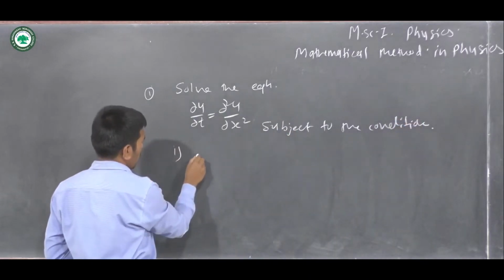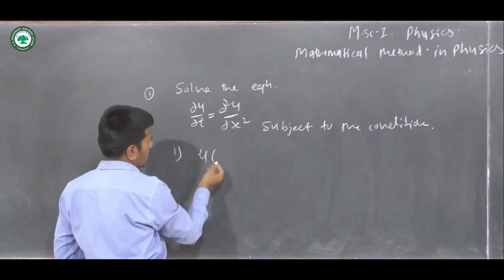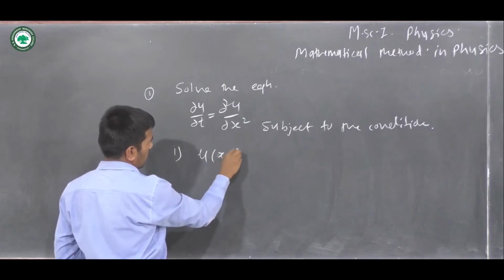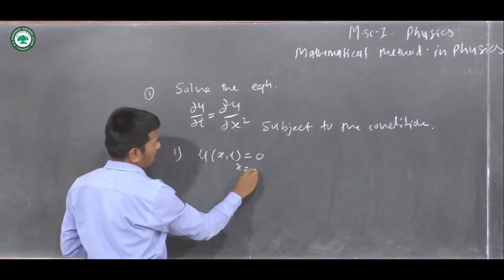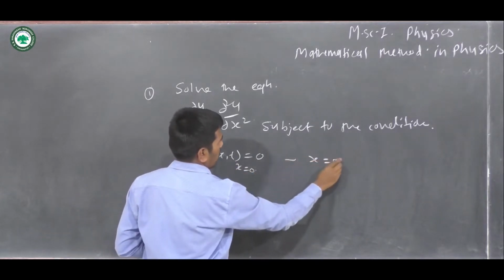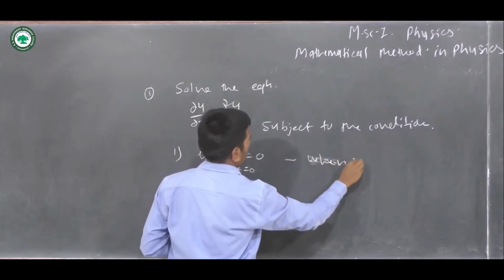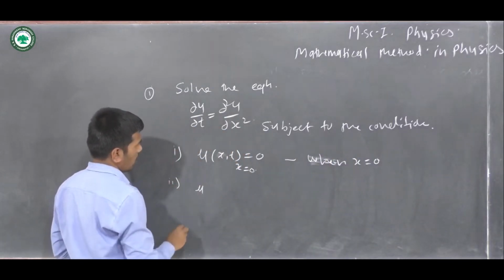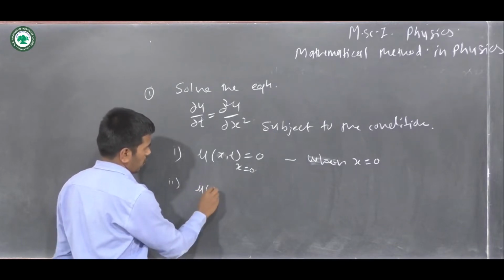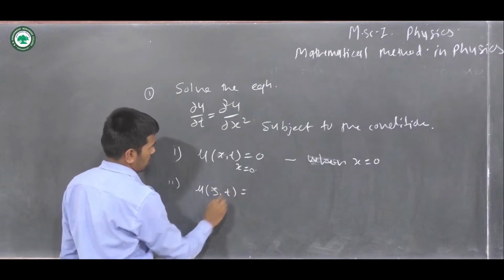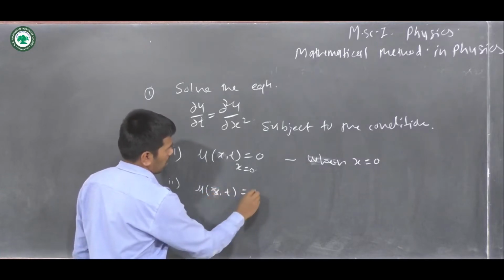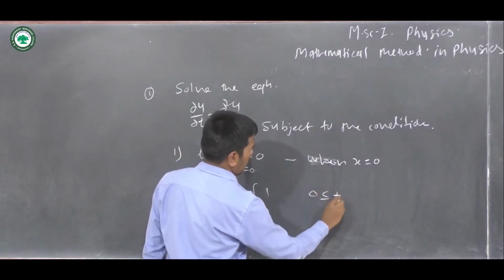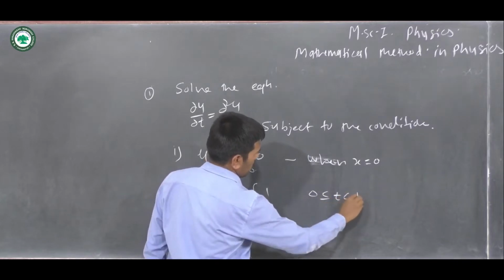First condition is given: u at x = 0, so we can write u(x,t) = 0 where x = 0. And the second condition, that is u at t = 0, then u(x,t) = 1 for the limit 0 < x < 1, and 0 where x is greater than 1.